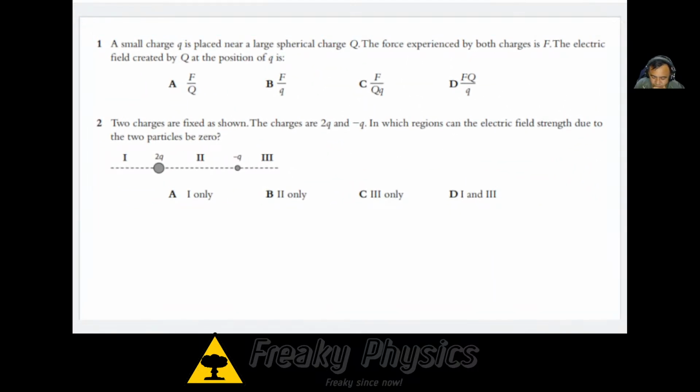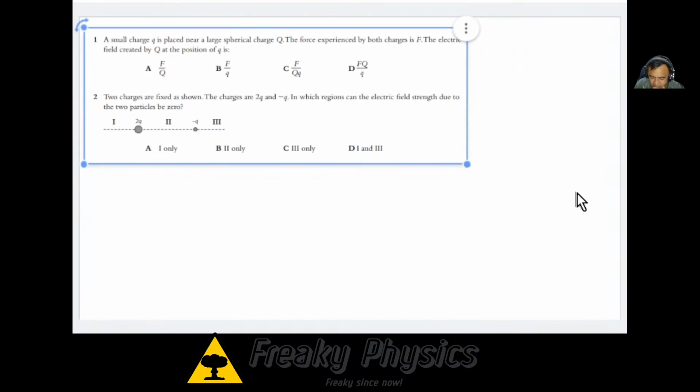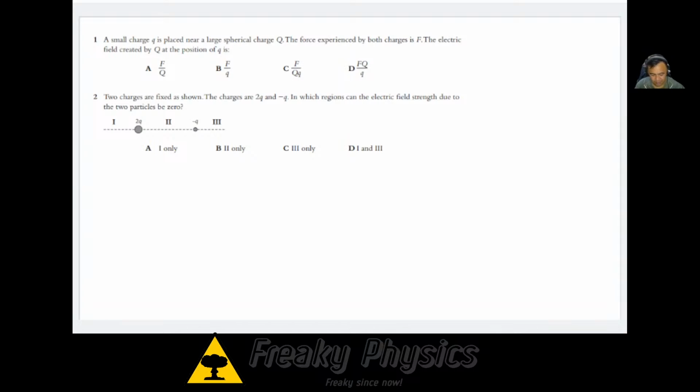Okay, let's see. Just give it a bit of space so we can write. Should I draw out the first question or no?